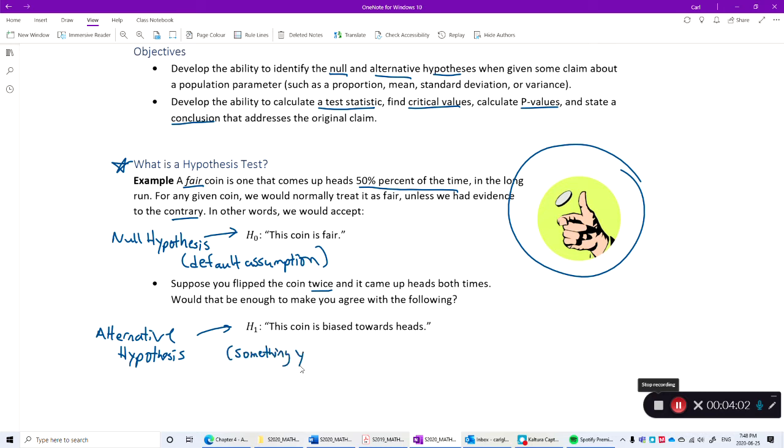It's something you might believe instead of the null hypothesis, but only if you have enough evidence, if you have strong evidence.